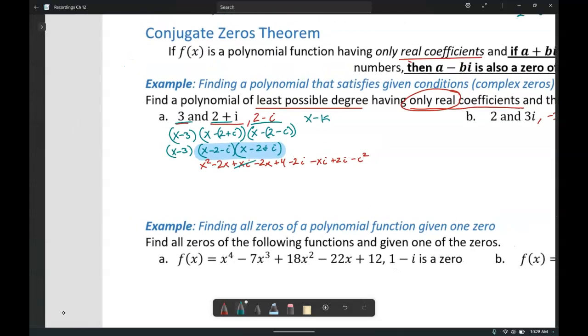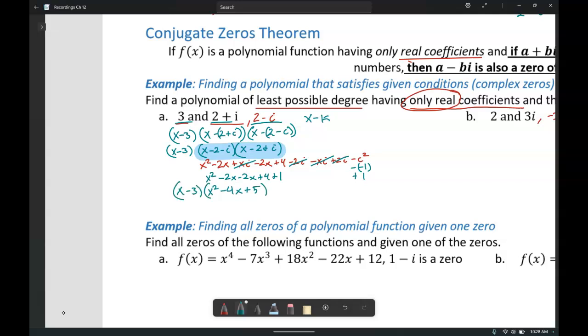Well, xi and negative xi are going to cancel. Negative 2i and 2i are going to cancel. And then i squared simplifies to negative 1, which changes a minus negative 1 to a plus 1. So we have x squared minus 2x plus 4 plus 1, which gives us x squared minus 4x plus 5.